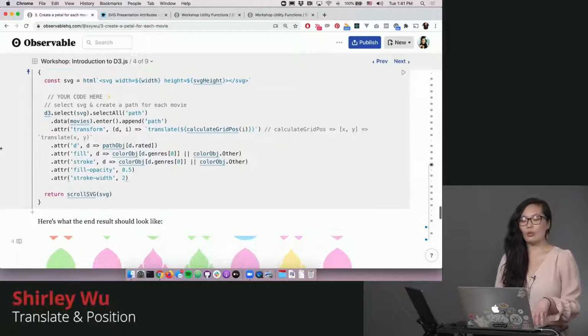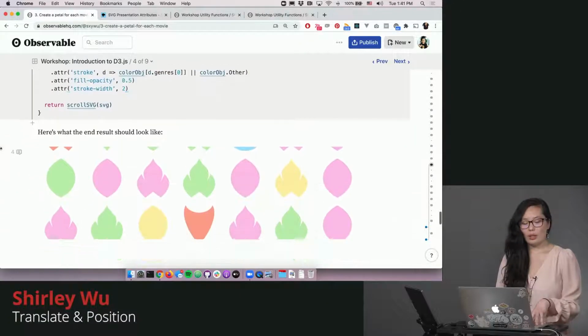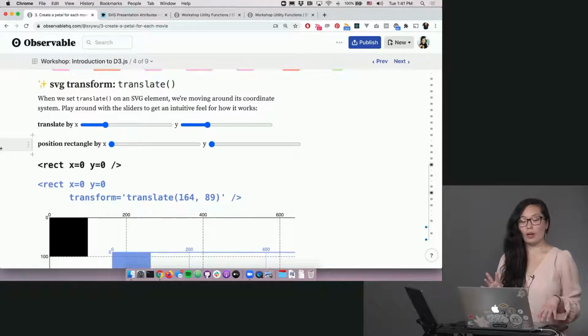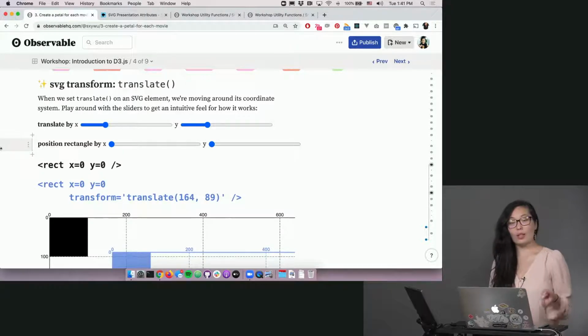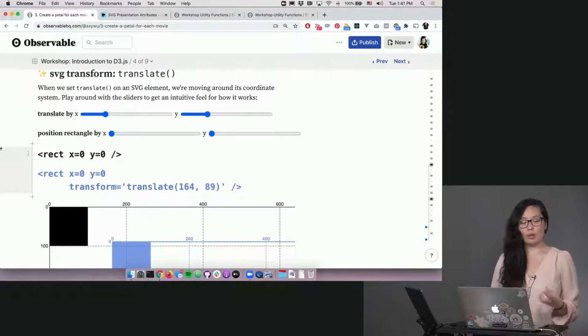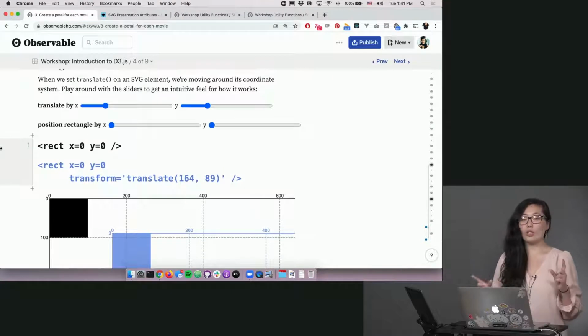I want to take us through a little explanation of SVG transform, and in particular the translate command. So in SVG, when we set translate on an element, what we're actually doing is setting the coordinate system of that particular element.